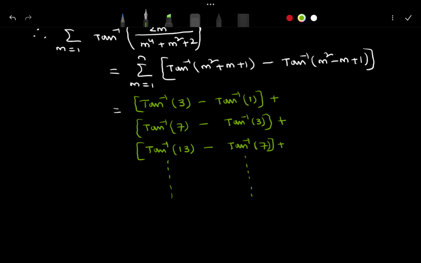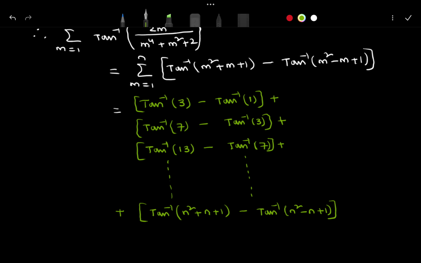If you write m equals n, then tan inverse of this value will be n square plus n plus 1 minus tan inverse of n square minus n plus 1, right?